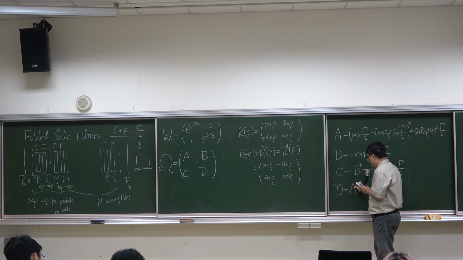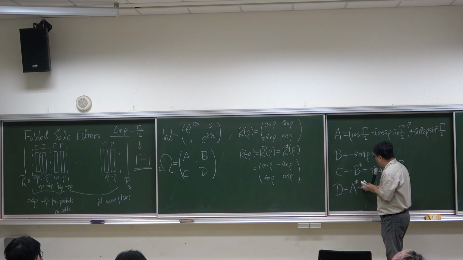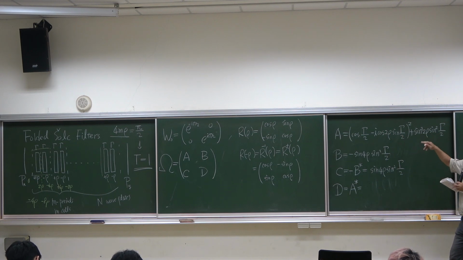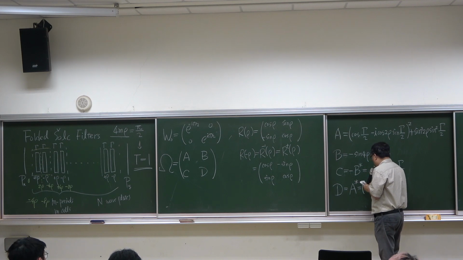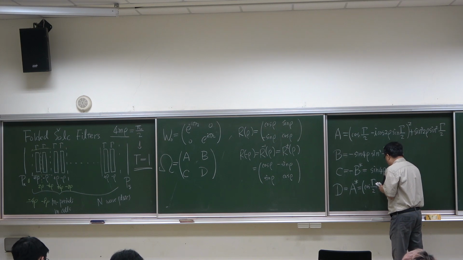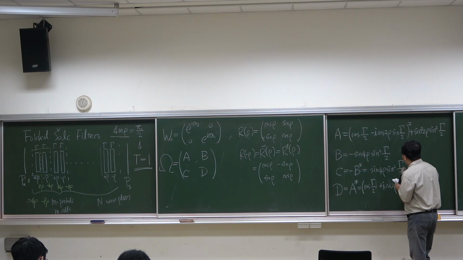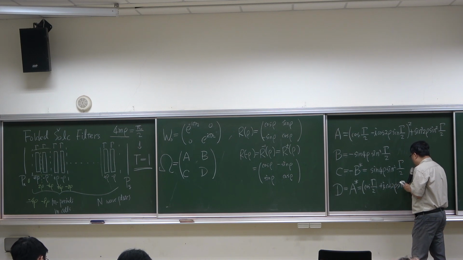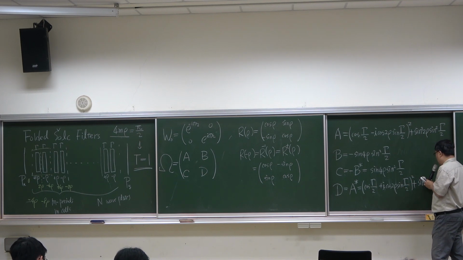You can say that D is A star, which means that you change every I from I to minus I: cosine half gamma, plus I cosine 2 rho sine half gamma squared plus sine squared 2 rho sine squared half gamma.